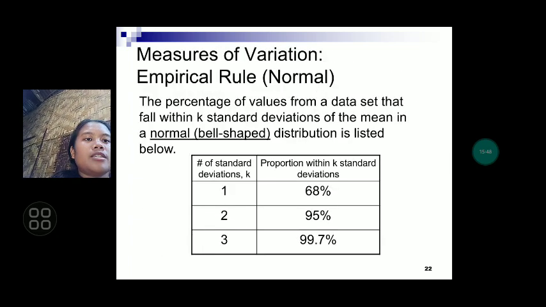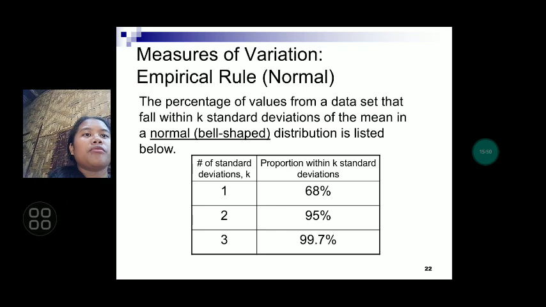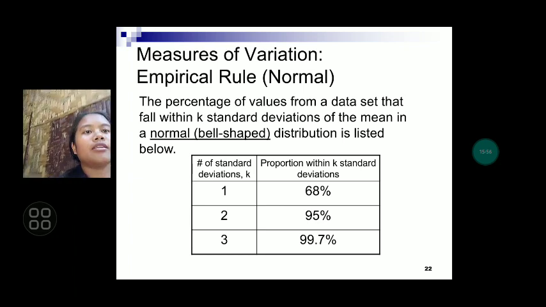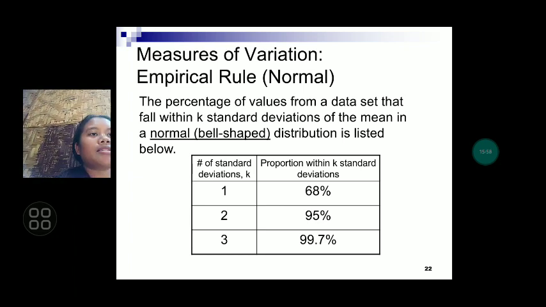Next, the measure of variation, the empirical rule for a normal distribution. The percentage of values from a data set that fall within k standard deviations of the mean in a normal bell-shaped distribution is listed below.